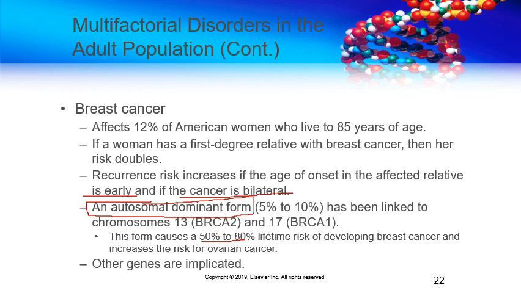And it also increases that risk for ovarian cancer. So if the patient has that autosomal dominant form, BRCA2 or BRCA1, that substantially increases their risk for breast cancer. I would know those genes. Okay, chromosome 13 and 17, BRCA1, BRCA2, mainly just the BRCA1 and BRCA2 increases the risk of breast cancer, and that they are autosomal dominant.